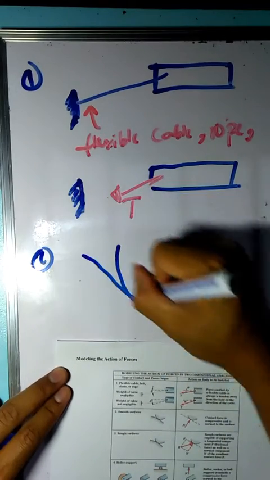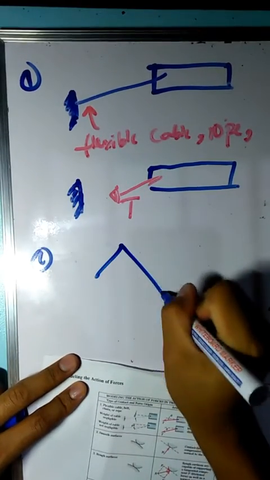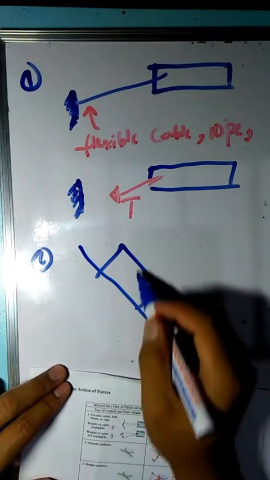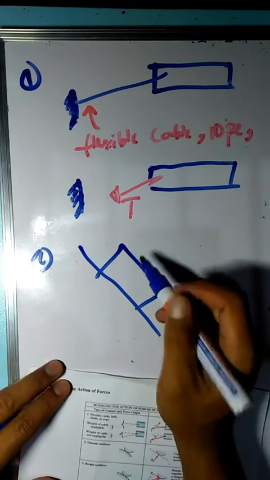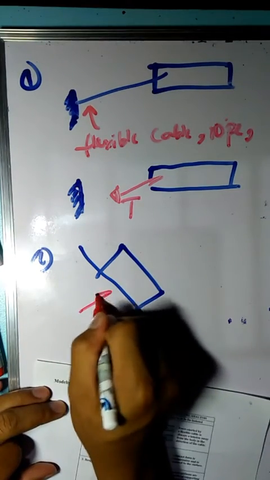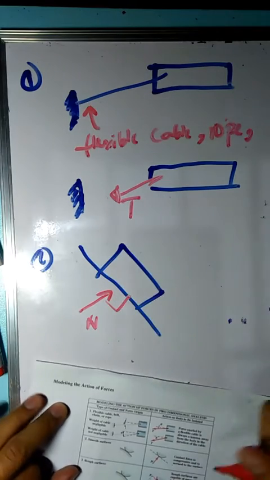Example, ito yung body. Okay? So as you can see, ito yung structure or ito yung body. Yung force na mabubuo dito is normal. Okay, class? Normal to this surface. Okay? Normal force to this surface.